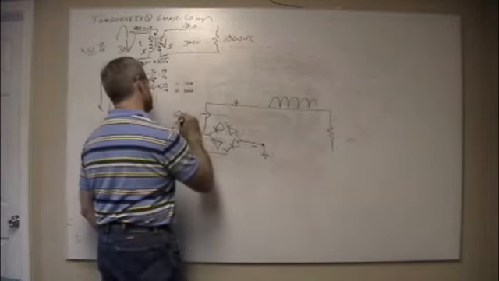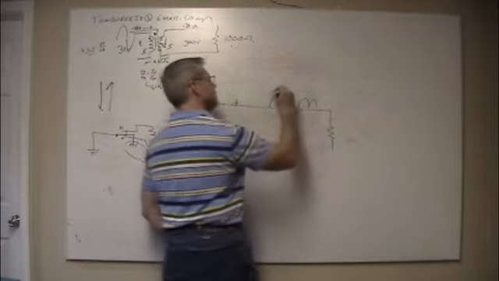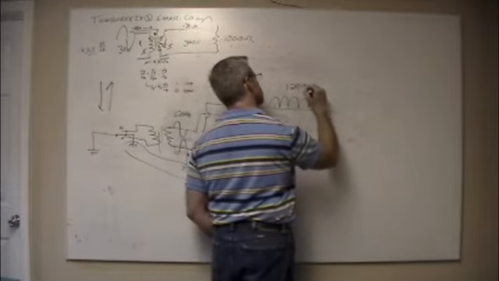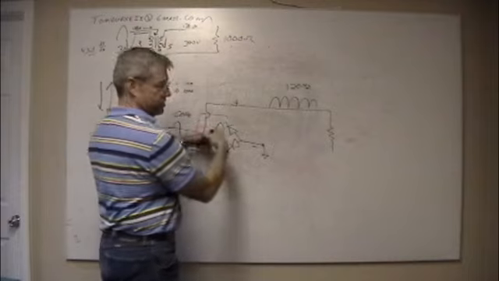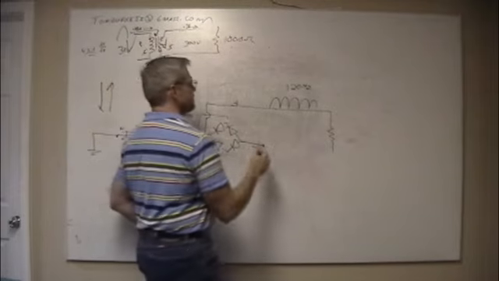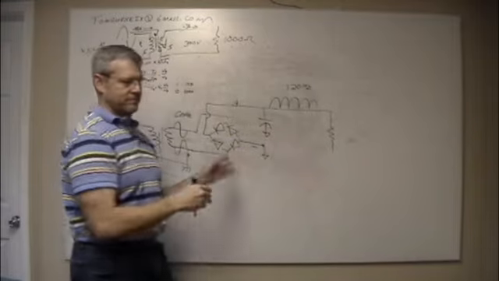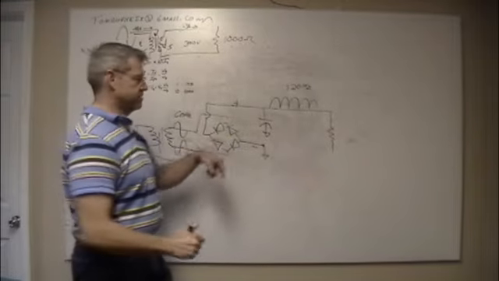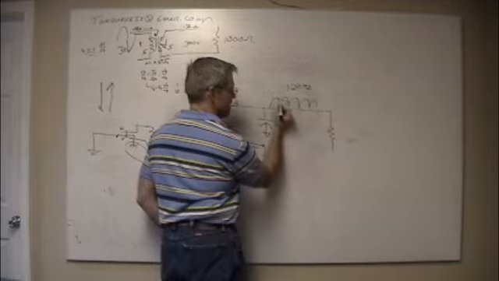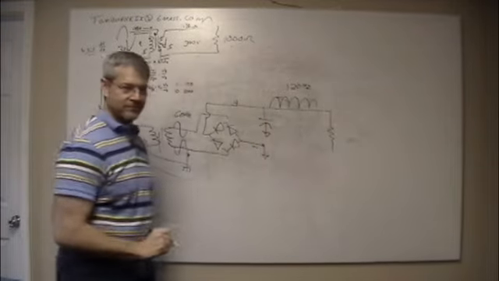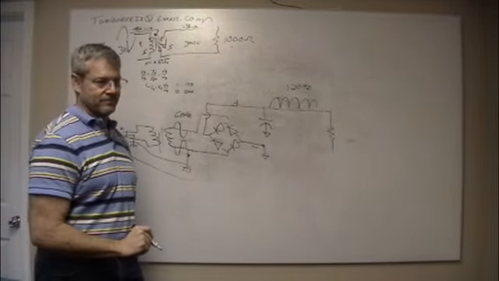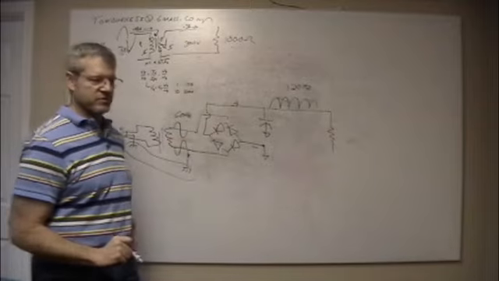The 60 hertz, 120 hertz. Doing current steering. And now I need much less capacitance than I needed before because I don't have to fill up this gap, I only have to fill up that gap. The same amount of capacitance gives me a better ripple spec on the output.